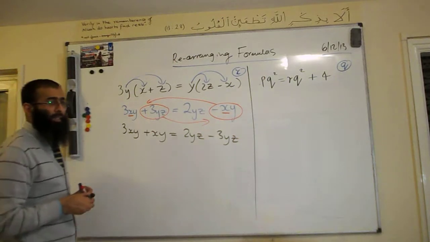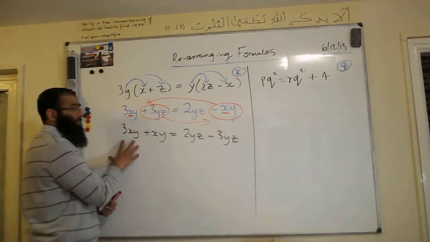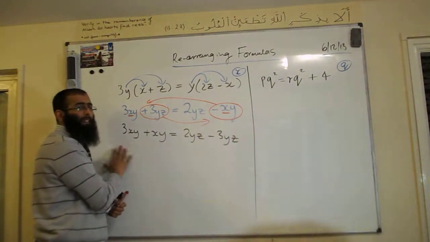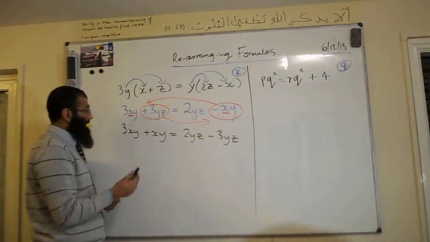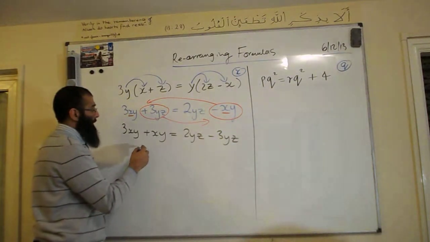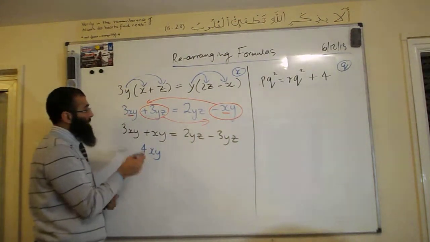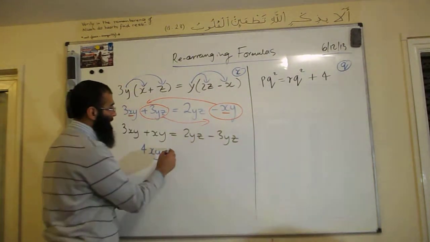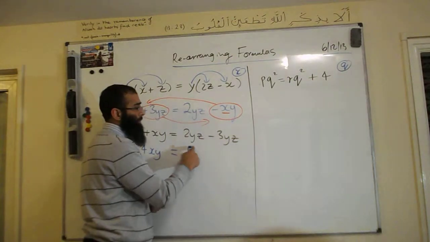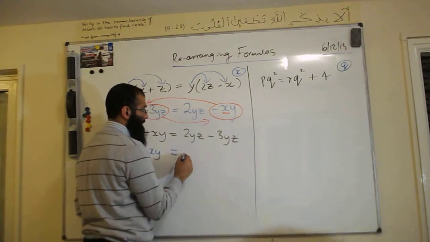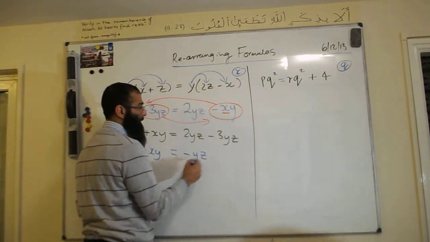Now, if you look at 3xy and xy, can we add these two together? The answer is yes. That will give us 4xy. So 2yz minus 3yz will give us minus yz.